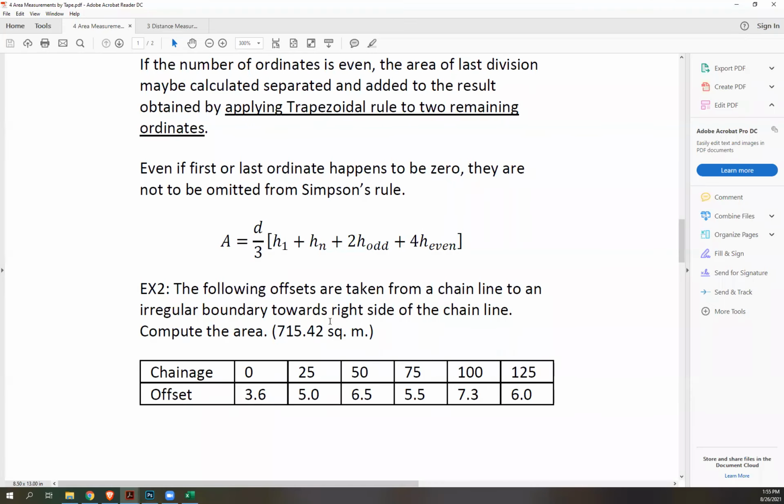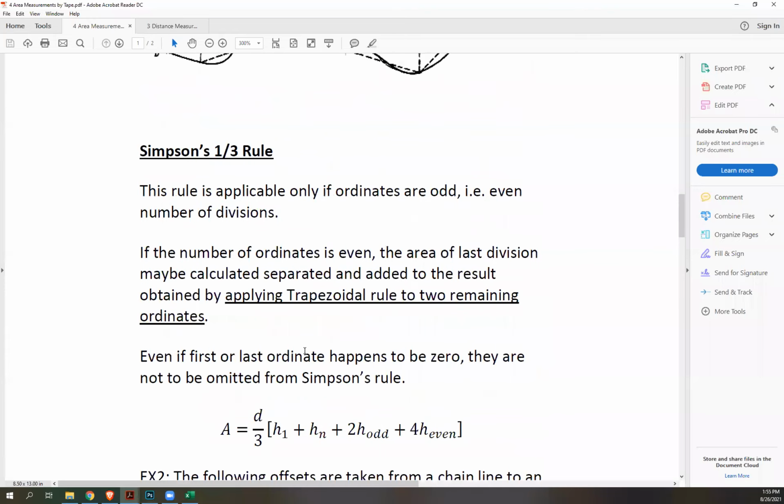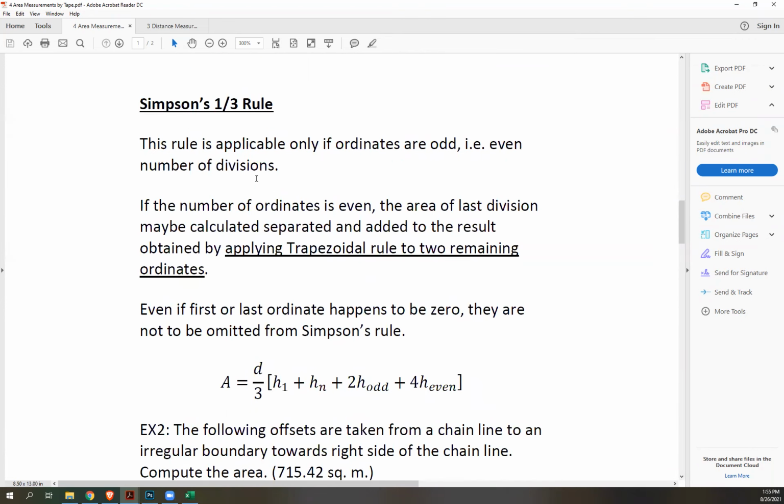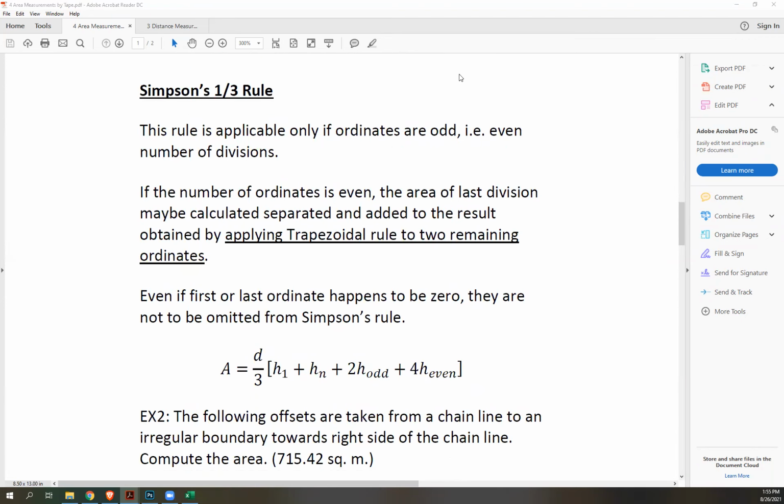So let's count the number of ordinates. Ordinates are the number of offsets: 1, 2, 3, 4, 5, 6. It's even, and the rule here is that it's supposed to be odd. So I can't apply Simpson's 1/3 rule to the entire thing.